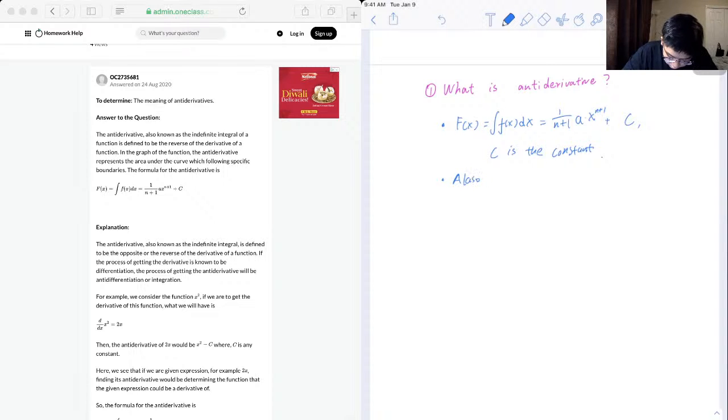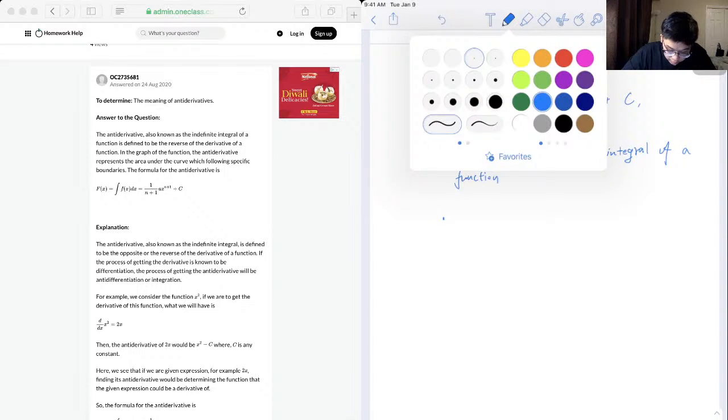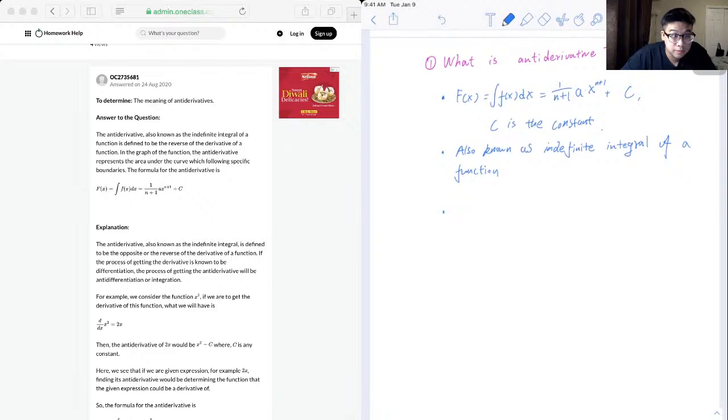And also known as the indefinite integral of a function. And it is the reverse of the derivative of a function.